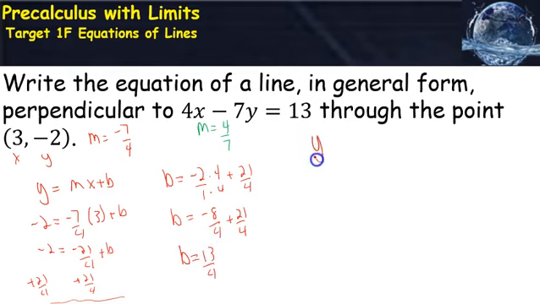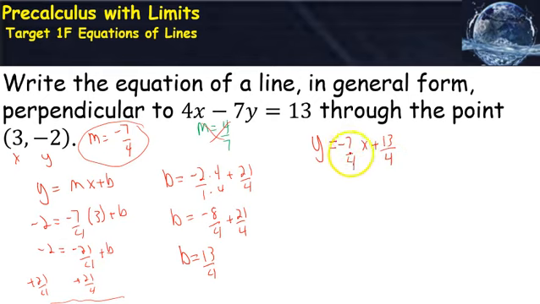So my equation is y equals m, which is 4/7 x, plus... oh, I used the wrong m, sorry. Not this m, I'm using this m. So negative 7/4 x plus 13/4. I was wondering how come I had different denominators there. Okay, so we're squared away.